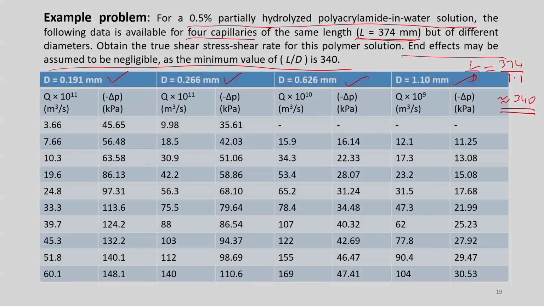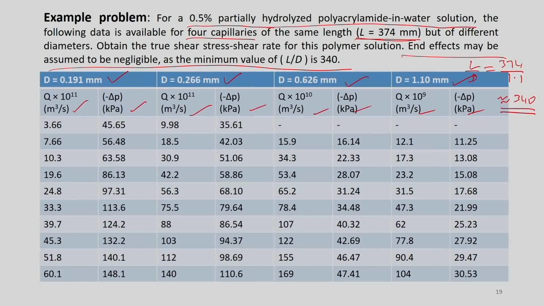So, it is expected that the end effects may be playing a negligible role in this case. So, slip effects we have to find out. For these capillaries of different diameters, Q versus delta P information is provided here in a tabulated column.